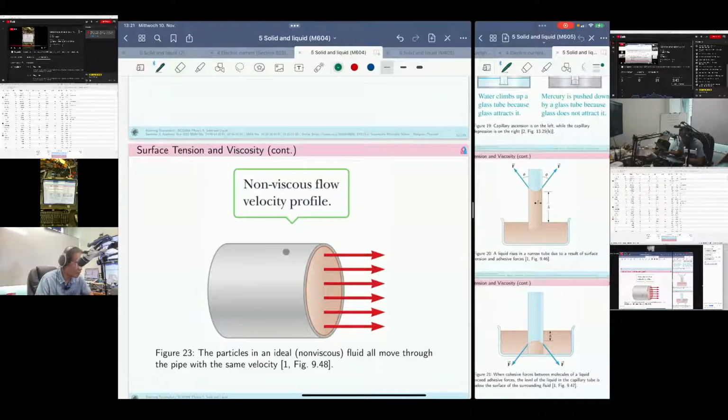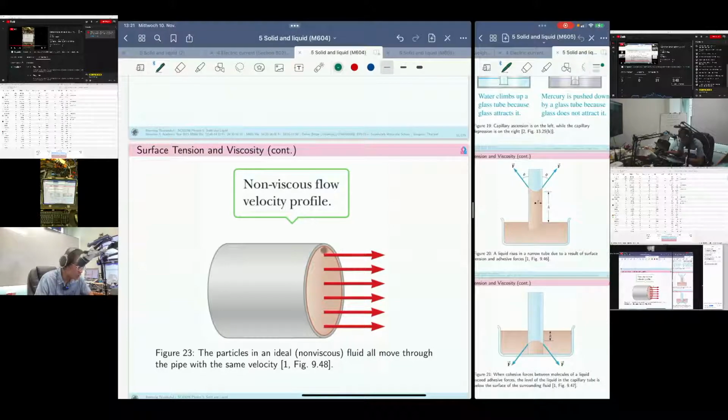We have a pipe like this, and this is a part of a pipe or a big tube. Non-viscous flow velocity profile: it means the velocity at different locations across this area will be the same. There is no friction between the pipe and the water, or in the fluid, at all.